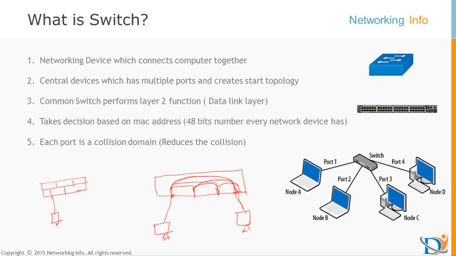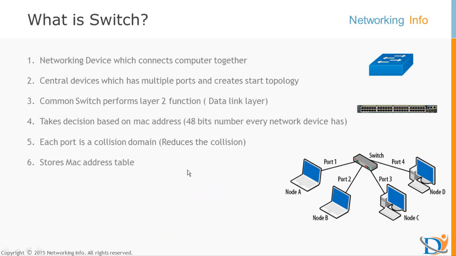One PC here, one PC here, and one PC here. If you want to send data from this PC to this PC, there is a single circuitry inside, so a collision can occur here. So a hub has only one collision domain because all devices share a single path. But here all devices share different paths. That is again an advantage of using a switch.